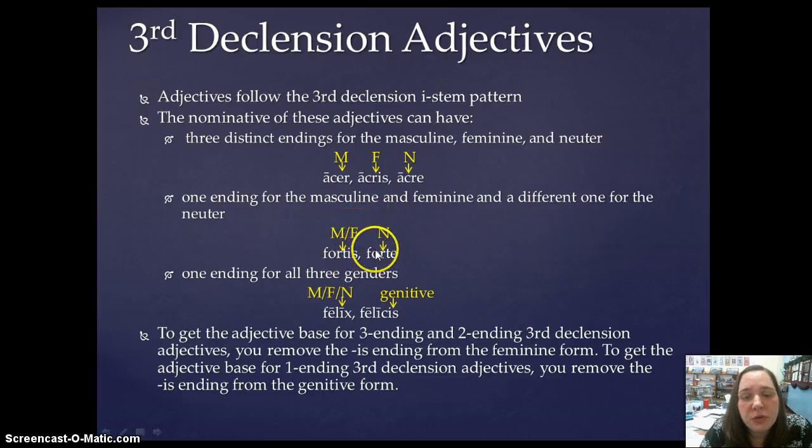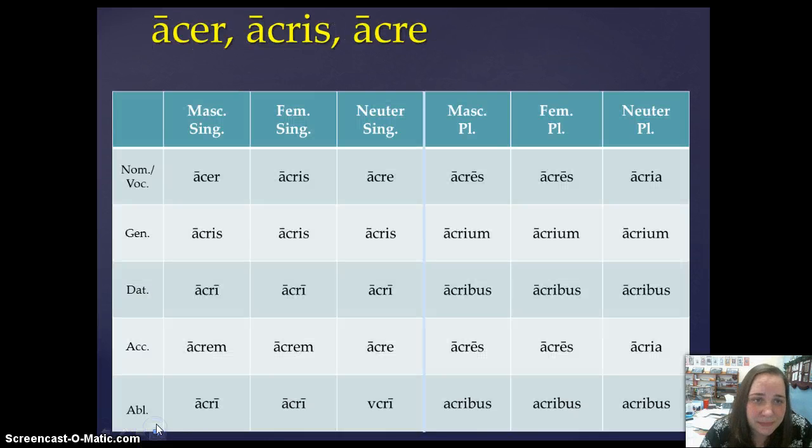For the two ending ones, you're going to take that is ending off of the masculine and feminine. For the ones that only have one nominative singular for all three genders, like felix, felicis, you're going to remove the is ending from the genitive to get the adjective base. As we go through, we'll look at the adjective base for all of these adjectives.